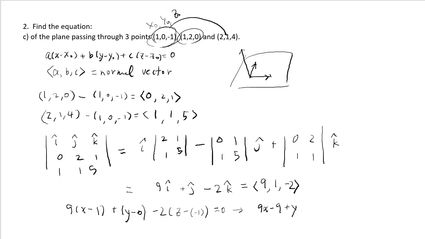Plus y, and then you have minus 2z, and then let's see, this is plus 1 times negative 2, so it's negative 2 equal to 0. And then I have negative 9 and negative 2, that's negative 11, that can be moved to the other side. So in standard form, it's 9x plus y minus 2z equal to 11. That's your answer.